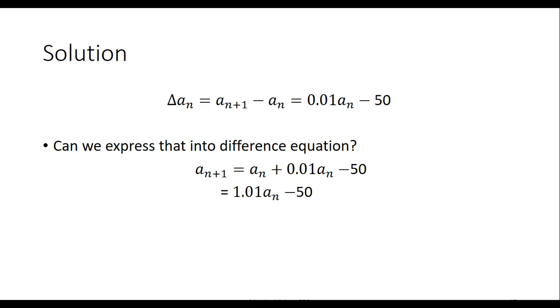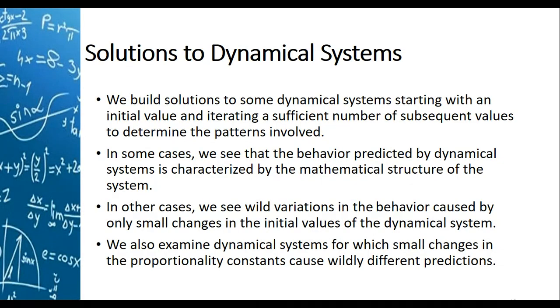You still have the same a_{n+1} equal to 1.01 a_n, but now this is your disruption, negative 50. The rest is just the same. You just introduce this, but the way you solve the model is completely different because now you have a different system, not the same as your previous system.